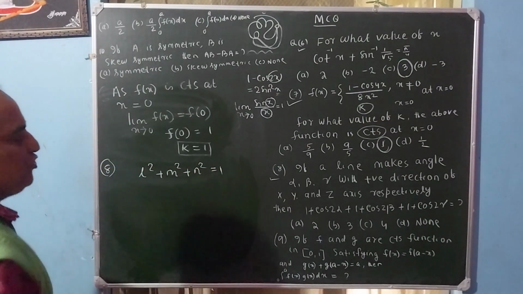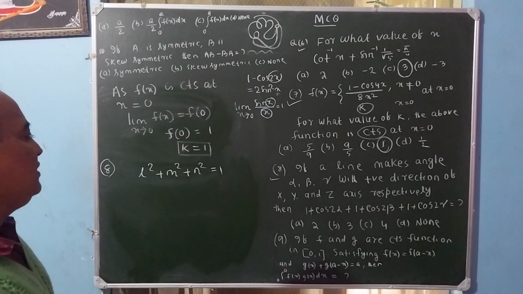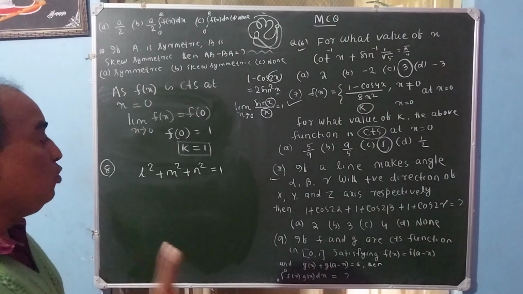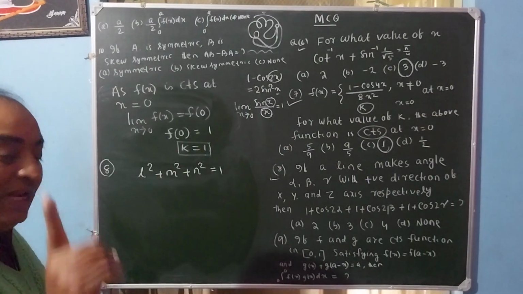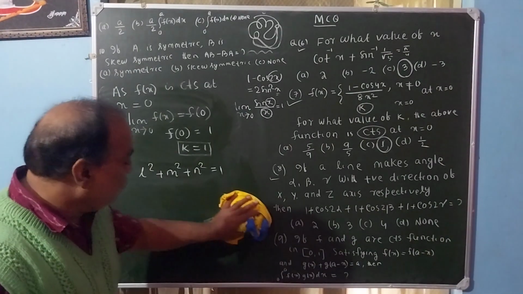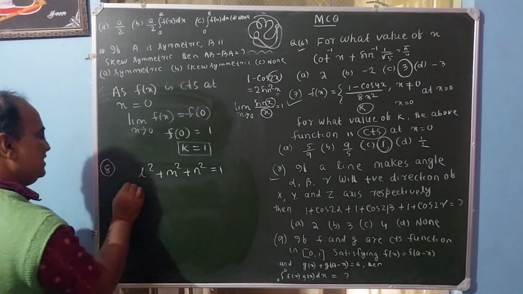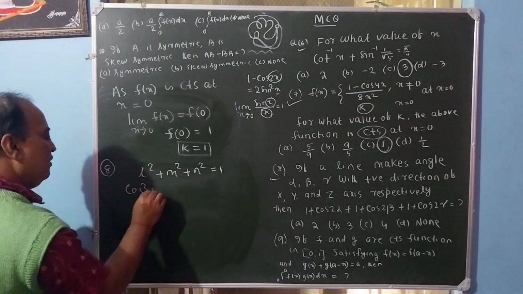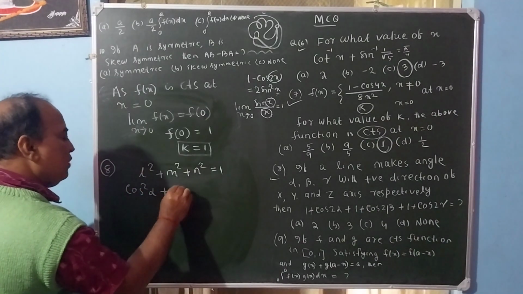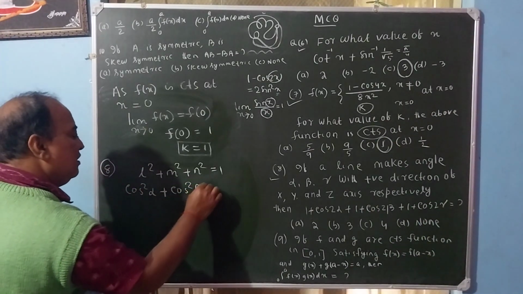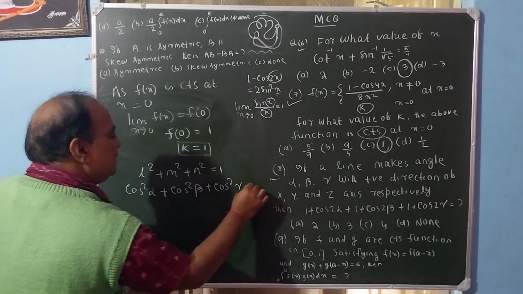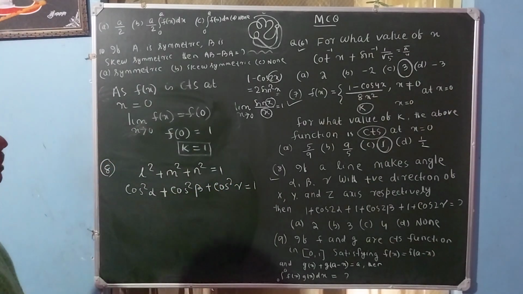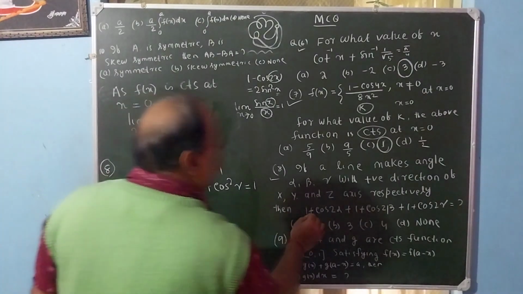The sum of squares of direction cosines of any line must be equal to 1. That means cos square alpha plus cos square beta plus cos square gamma is always equal to 1. Our aim is to find out the value of this.